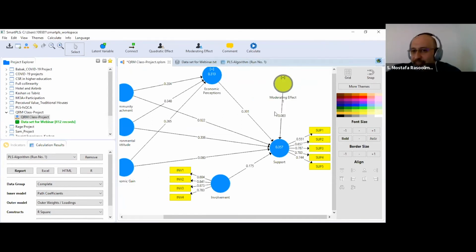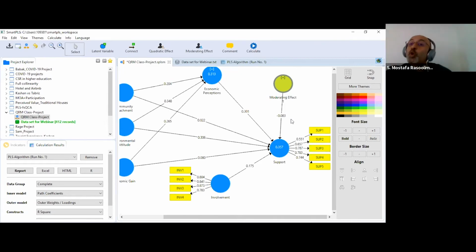Okay, here you can see the first is negative. Before we run bootstrapping to see whether this one is significant or not, the first thing we can get here is a negative interaction effect. But what was our hypothesis? The effect of perception on support is stronger for a high level of moderator.